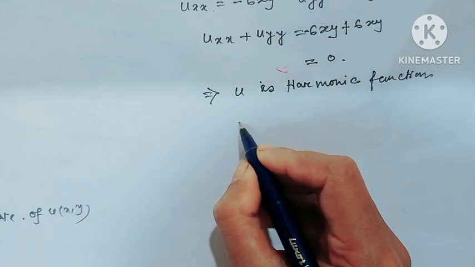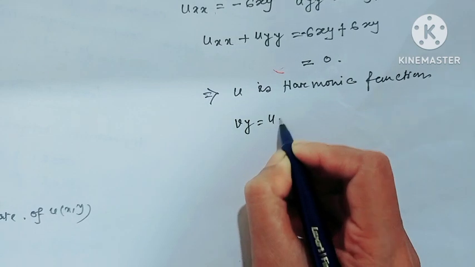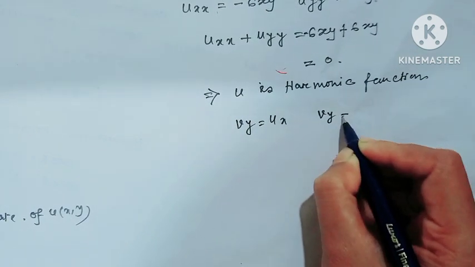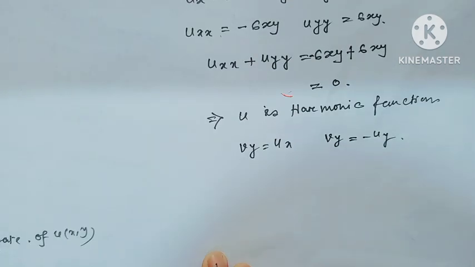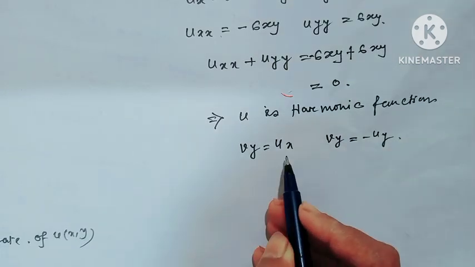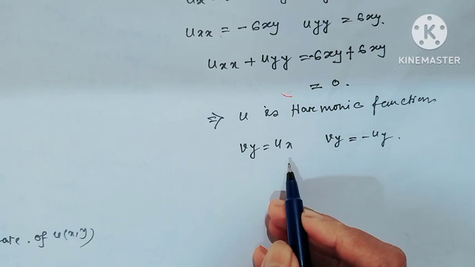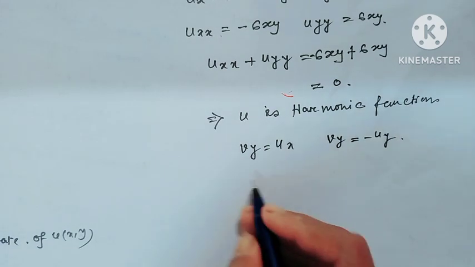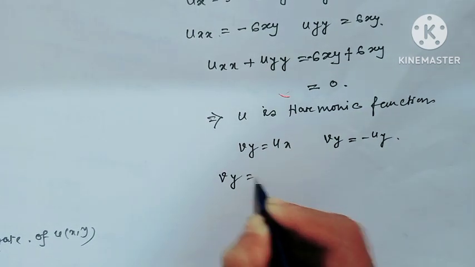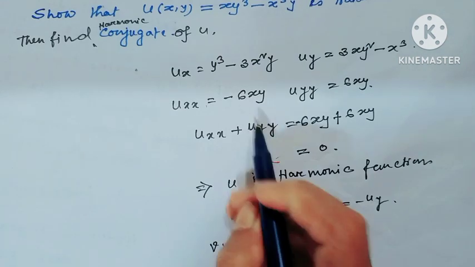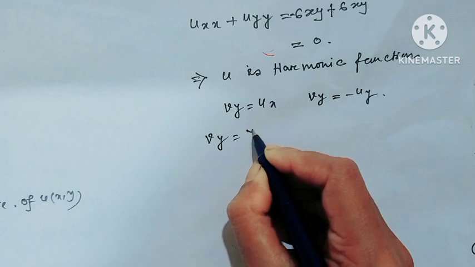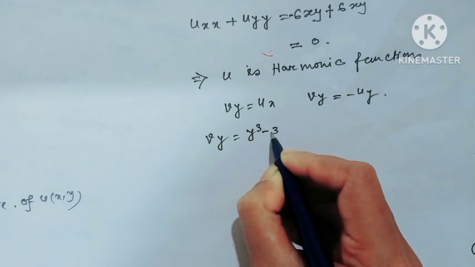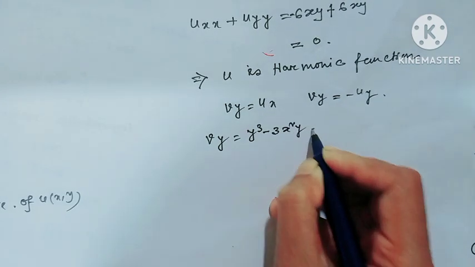That means v_y equal to u_x and v_x equal to minus u_y. Since v_y equal to u_x, v_y equals y cube minus 3x square y.